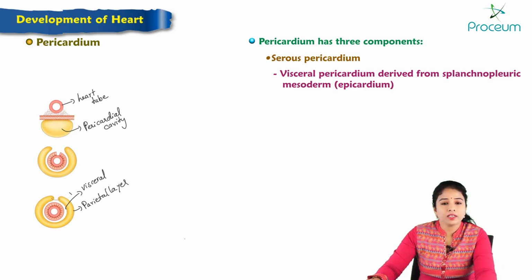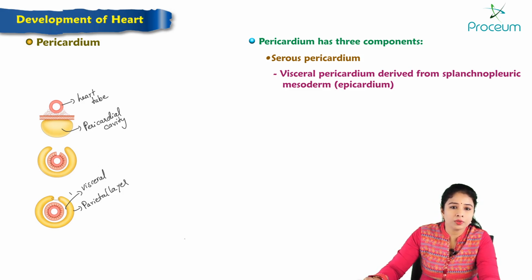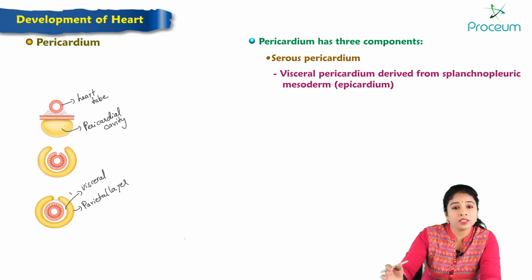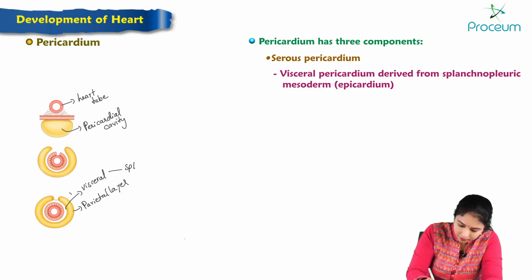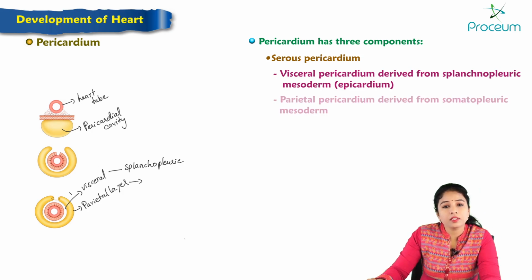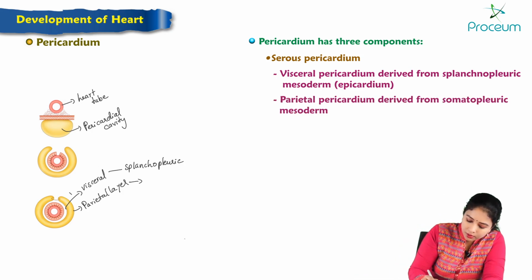So the serous pericardium further divides into visceral and parietal layers. The visceral layer is derived from the splanchnopleuric mesoderm, which is otherwise called the epicardium. Then the parietal pericardium is derived from the somatopleuric mesoderm.